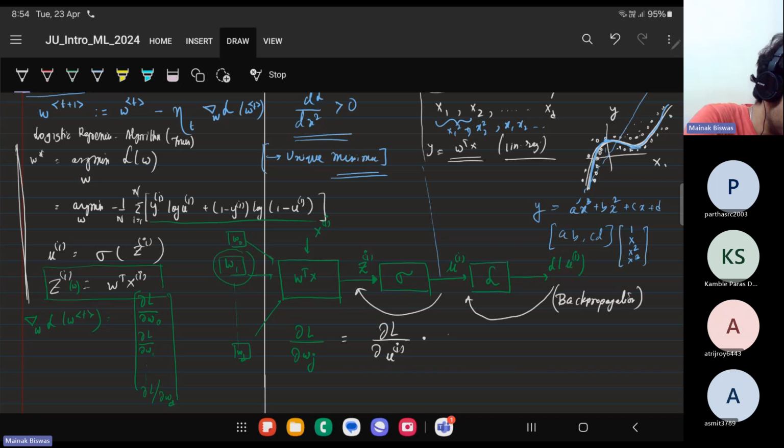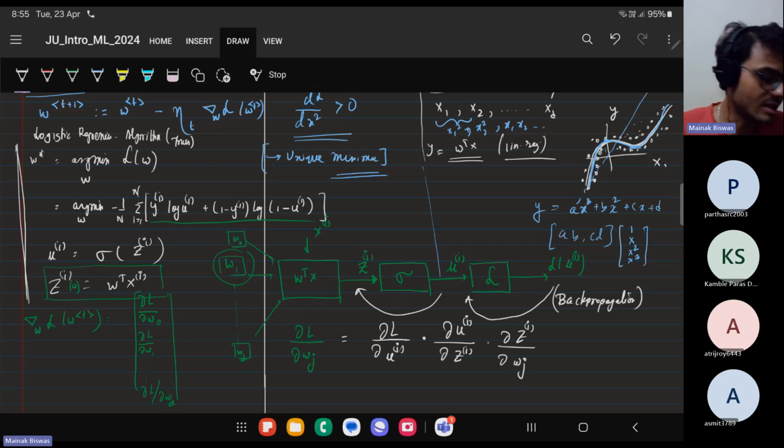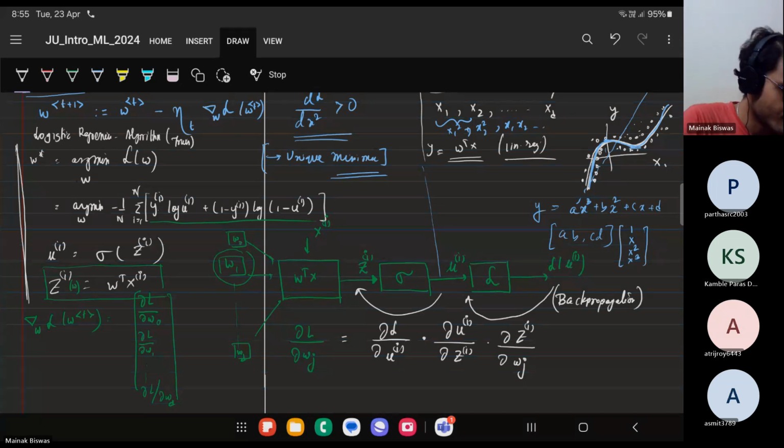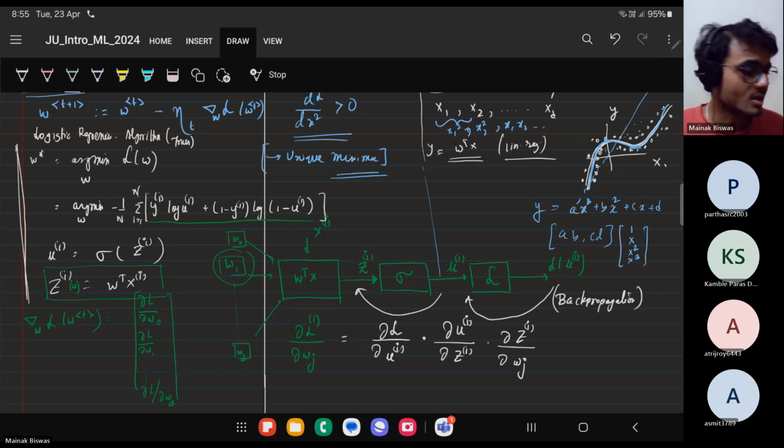Then what will I take the derivative with respect to? Is this clear to everyone? This is the loss for the i-th training example. Clear or not?